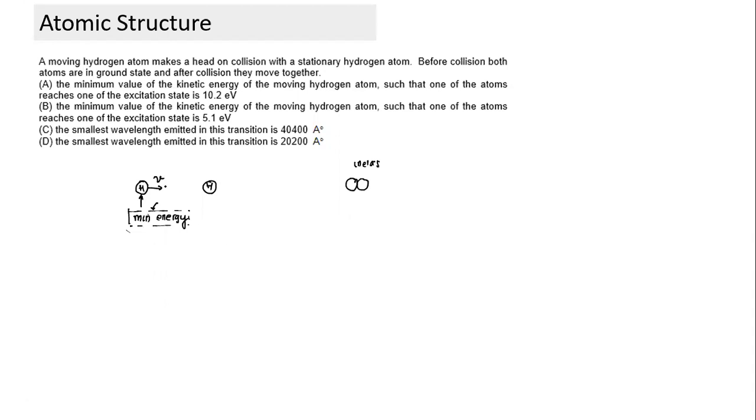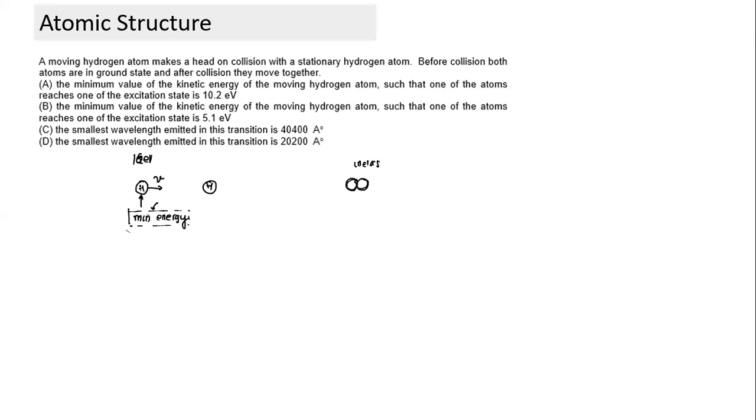Yes, sir. So suppose the kinetic energy is equal to 16 electron volts. If they stick together, what will be the kinetic energy of the combined mass after the inelastic collision? Both of them suffer inelastic collision.